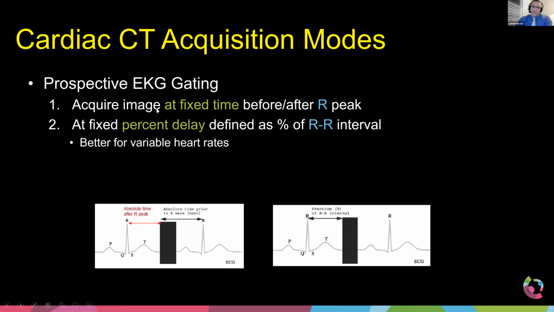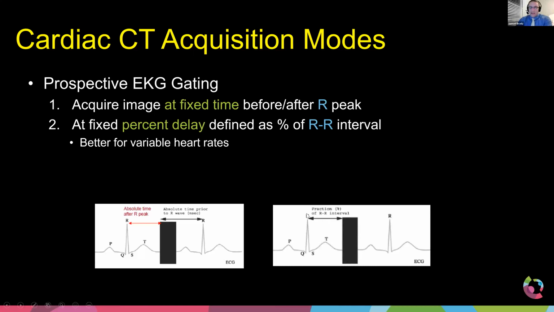The other way to do this is what's called percent delay, where instead of saying go a quarter of a millisecond or a half a millisecond after, it's going to use a percentage of the time. So when the system sees the R peak, we can tell it to go, say, 60%.